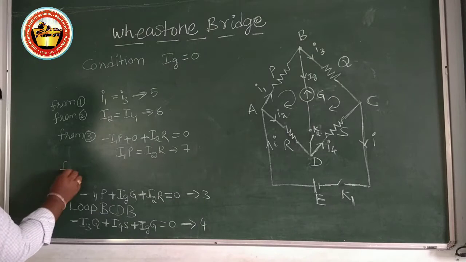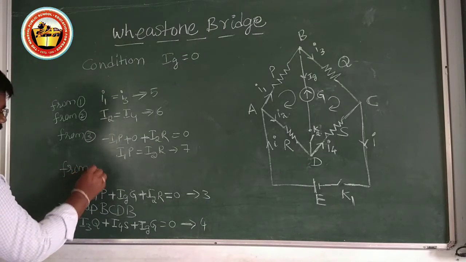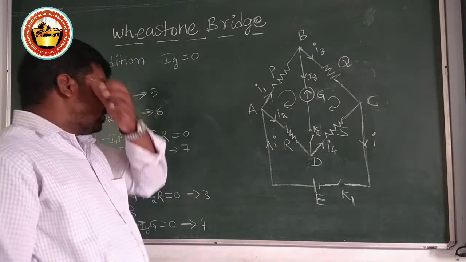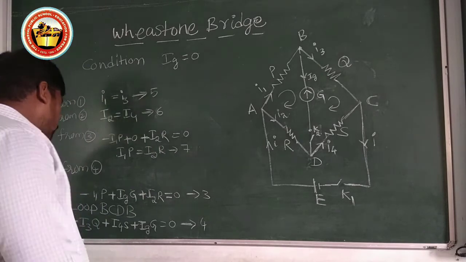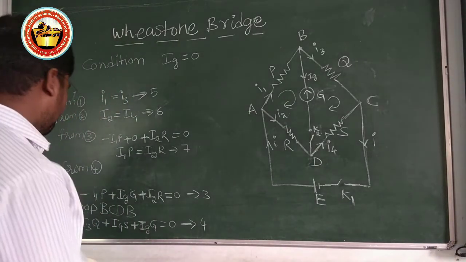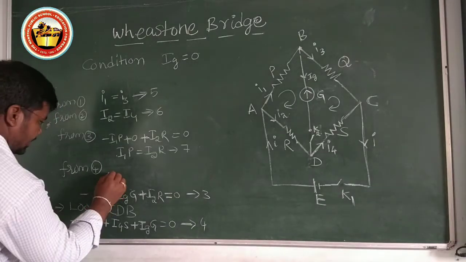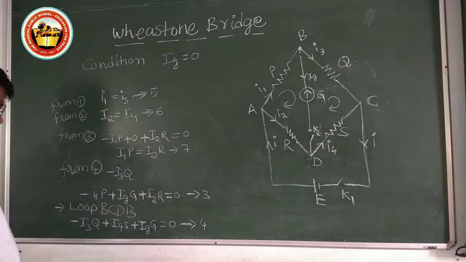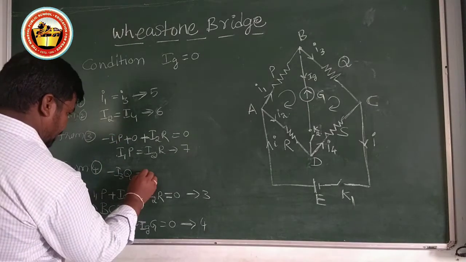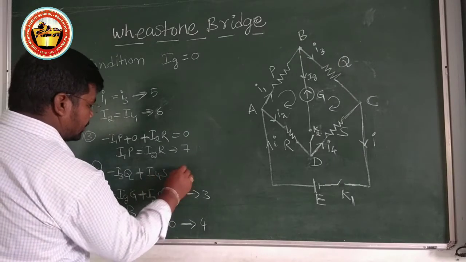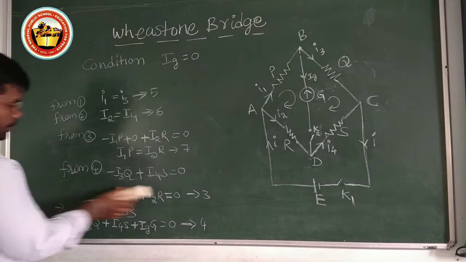Okay, from equation 4, loop BCDB: minus I3 Q plus I4 S is equal to 0.